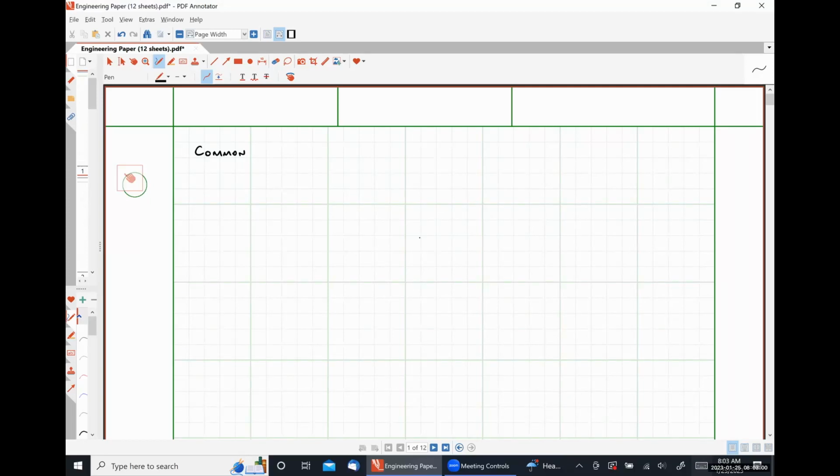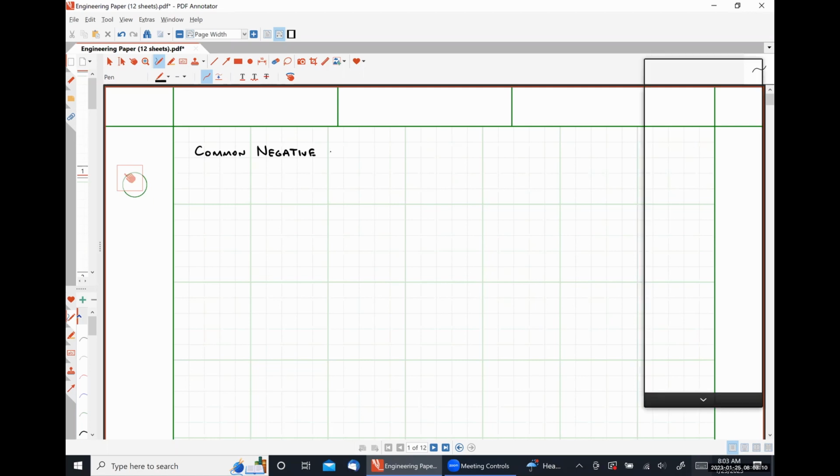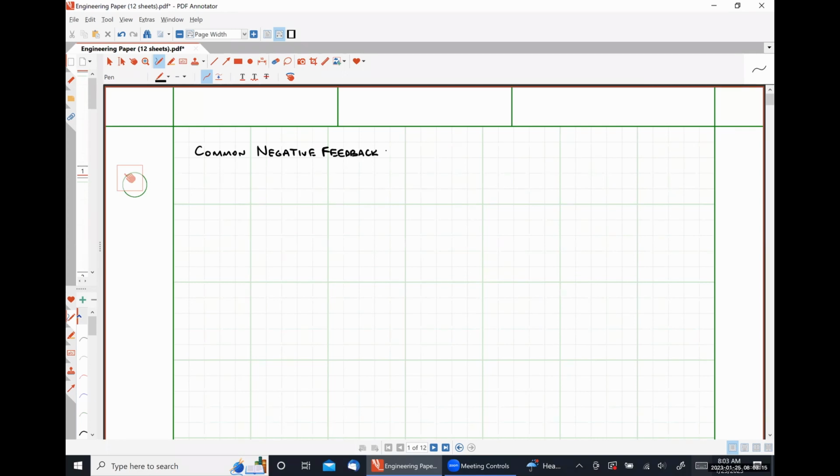What we're going to be talking about today is common negative feedback amplifier topologies. These are the most commonly used op-amp circuits in practice.